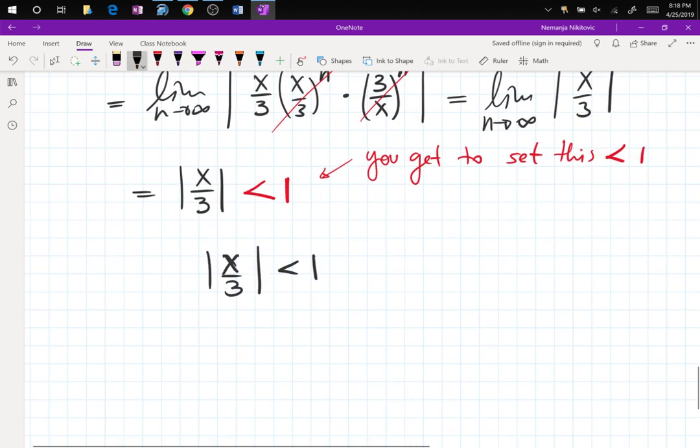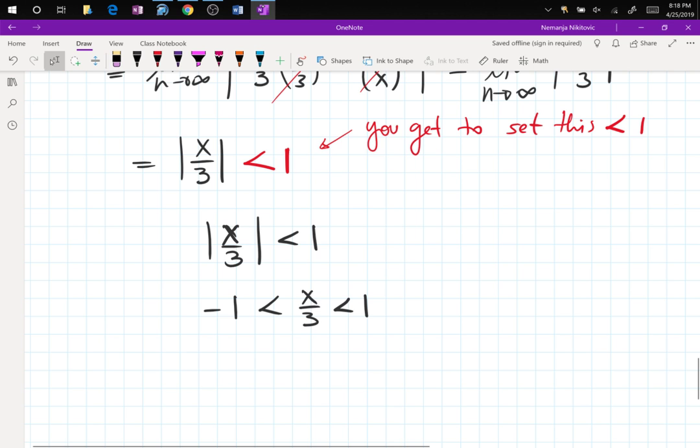This means negative 1 less than x over 3 less than 1. This is a three-sided inequality, multiply everywhere by 3, and this is what we were already told, that the interval of convergence is from negative 3 to 3. What does this mean?